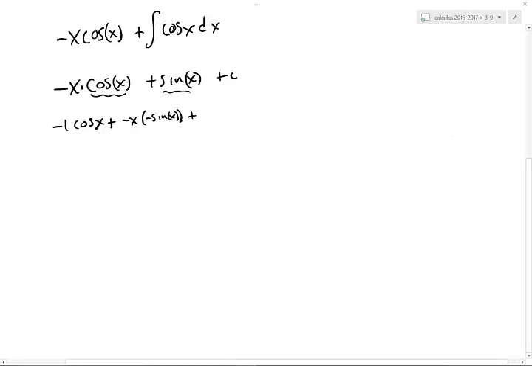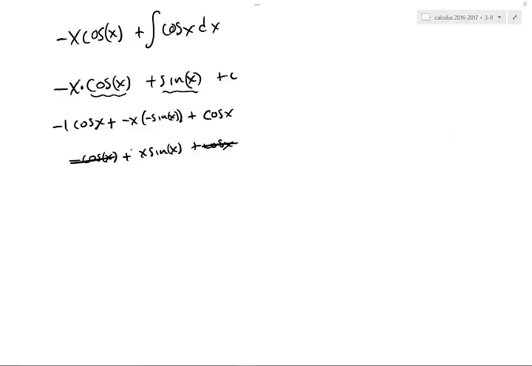Plus, and what's the derivative of this feller? Cosine. Now wait, that's negative cosine, plus x sine x plus cosine. What do you notice? They cancel out. And where do we end up? Right back where we started from. Which means we did what? We got the right answer, didn't we? Oh, we're geniuses, aren't we?